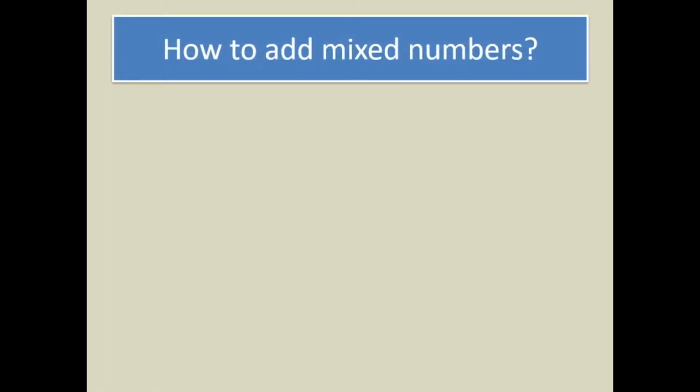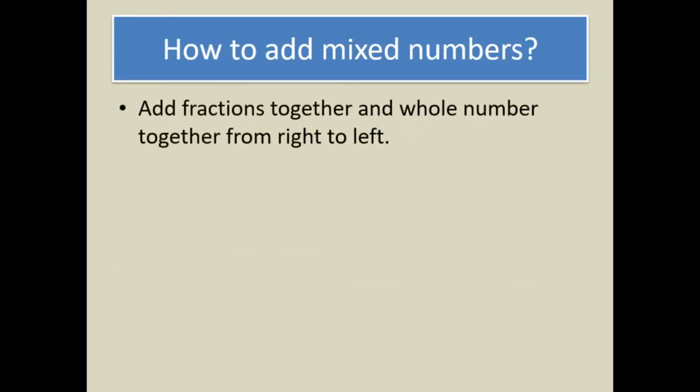Secondly, how to add mixed numbers. Adding mixed numbers is very easy, like adding ordinary numbers. We add from right to left. We add fractions together and whole numbers together from right to left. For example, if I have 5 4/8 plus 3 5/8, we start from the right to the left, starting by adding fractions together.